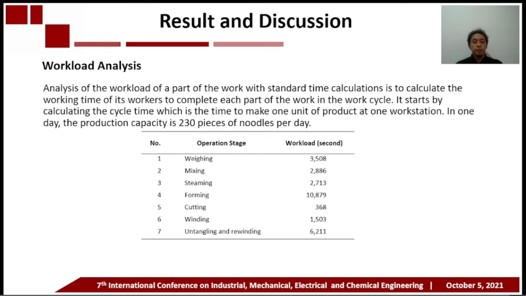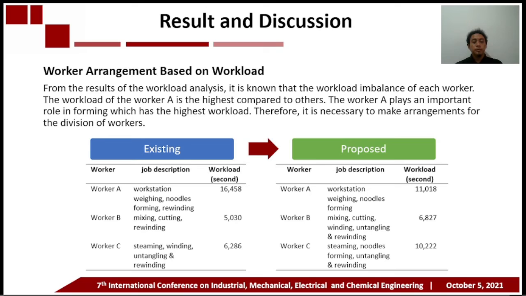So we can get the operating stage workload for weighing, mixing, steaming, forming, cutting, winding, and untangling and rewinding. From the result of the workload analysis, it is known that there is an imbalance among the workers. The workload of worker A is the highest compared to the others. Worker A plays an important role in forming, which has the highest workload. Therefore, it is necessary to rearrange the division of workers.